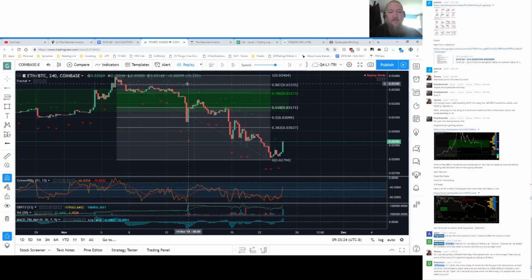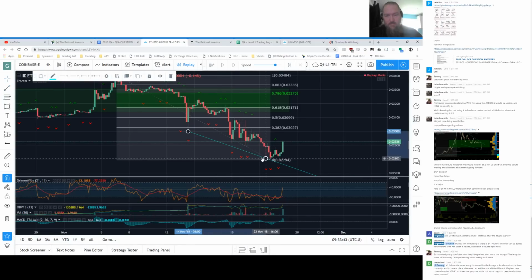Okay, so we have this move down, and then we look for some kind of divergence, right? We're making lower lows here. Lower lows here. That was as of the 15th.